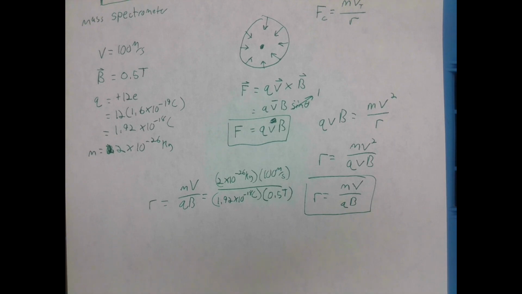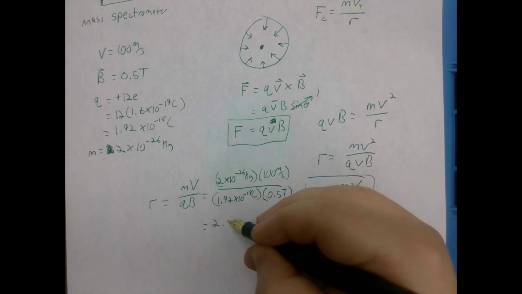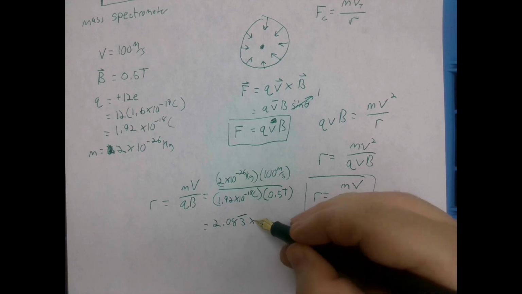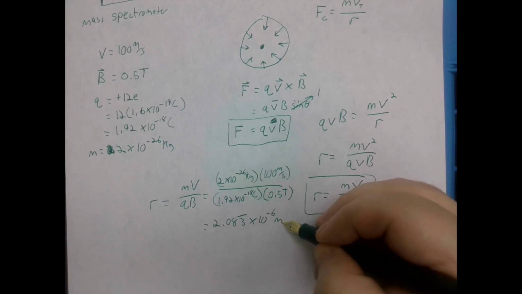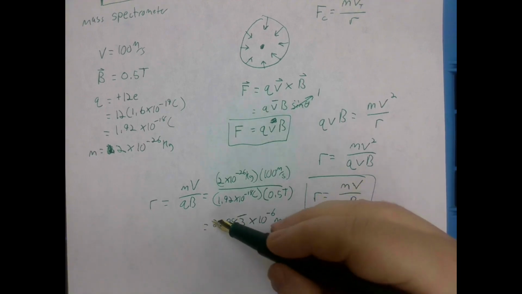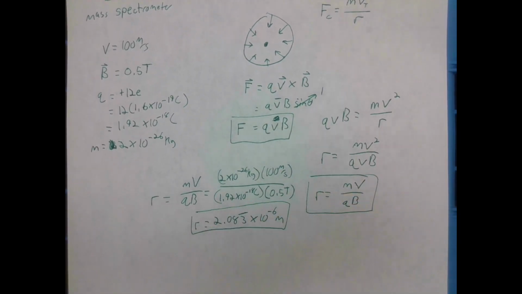So let's see if this is realistic. So 2.083 carried times 10 to the negative 6 meters. So it'd be in the micrometer range. That would be the radius of this.